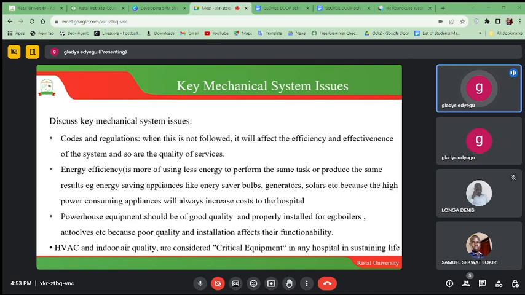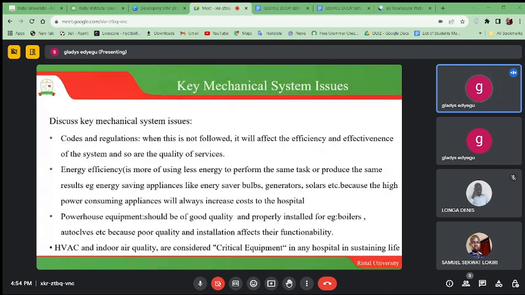So when you look at the mechanical systems, when we are installing them in the hospital, we also have to look at the different codes and regulations on how they are supposed to be constructed and installed. When this is not followed, it will affect the efficiency and effectiveness of the system, and so the quality of services.